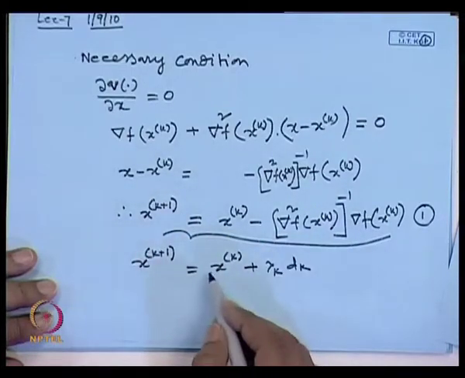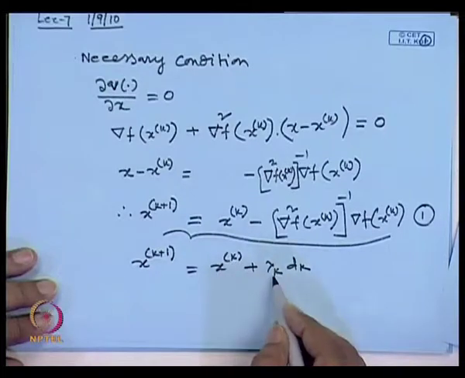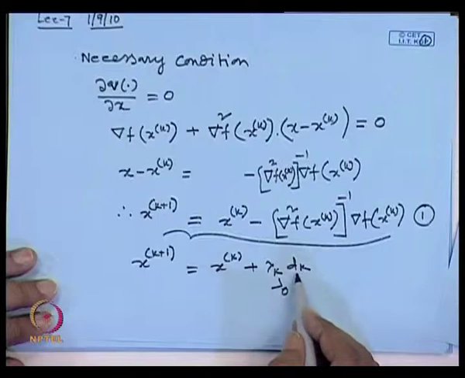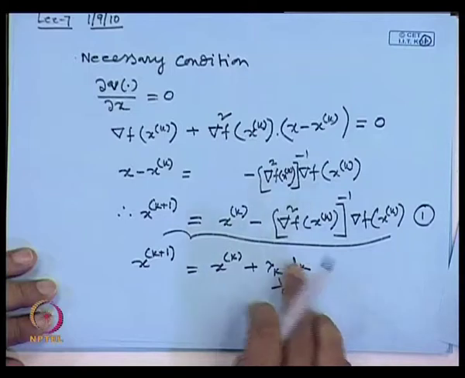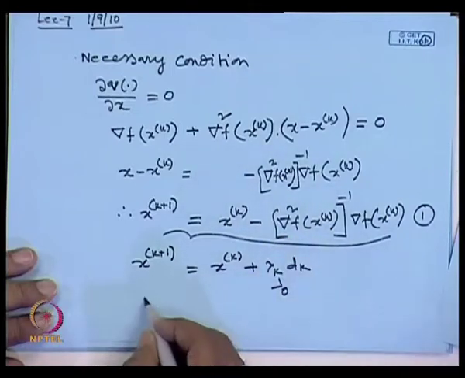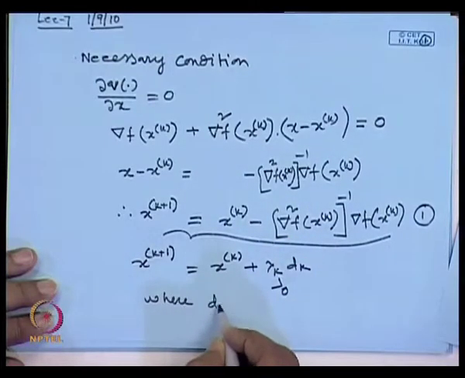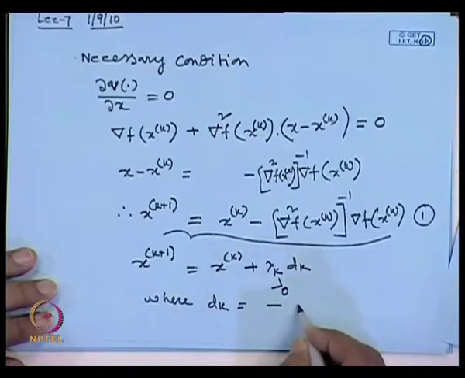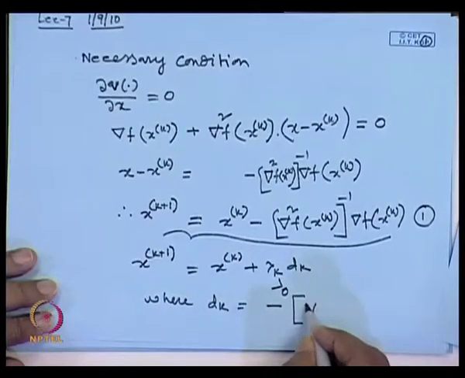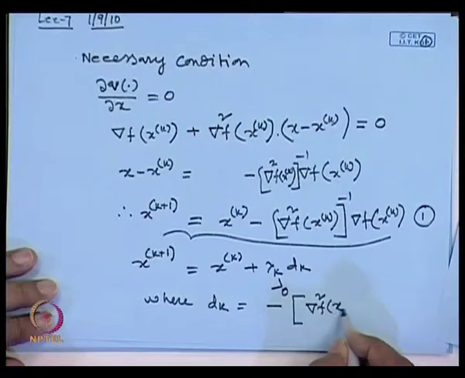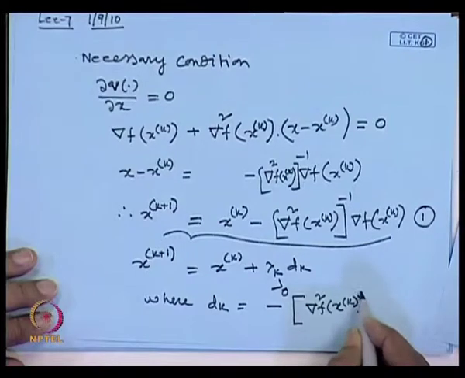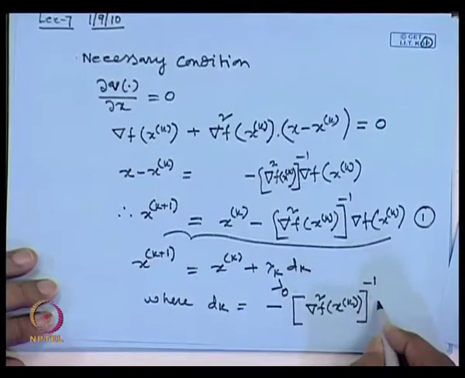This can be written in a more general form, x superscript k plus lambda k, where lambda k is greater than 0, and this is d k, that means the descent direction, where d k is equal to minus the inverse of the second derivative of the function at x equal to x superscript k, times the gradient of f at x k.